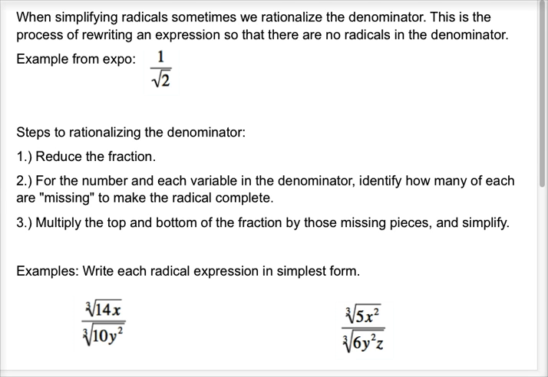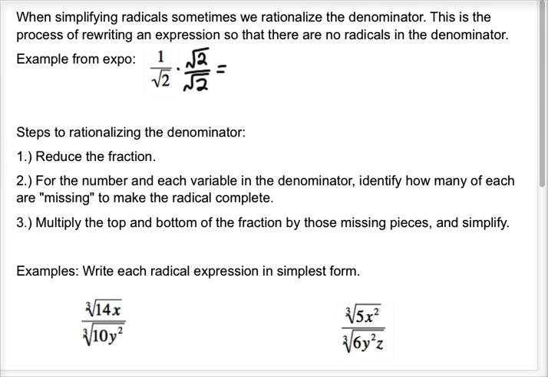And if you remember from Expo, it was multiplying top and bottom by the radical you're trying to get rid of. Because when you're dealing with square roots, think about completing what you're missing. For a square root, if you have a 2, that means you're missing another 2 to complete that radical.